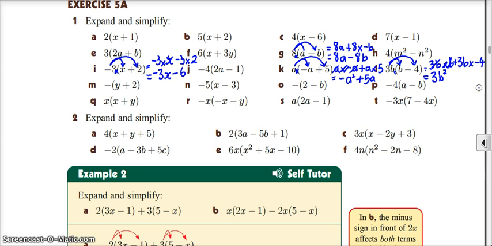Alright? 3 times negative 4. A positive times a negative. Good boy, looking at your glossary. Well done. Positive times a negative gives me a negative. 3 times 4.